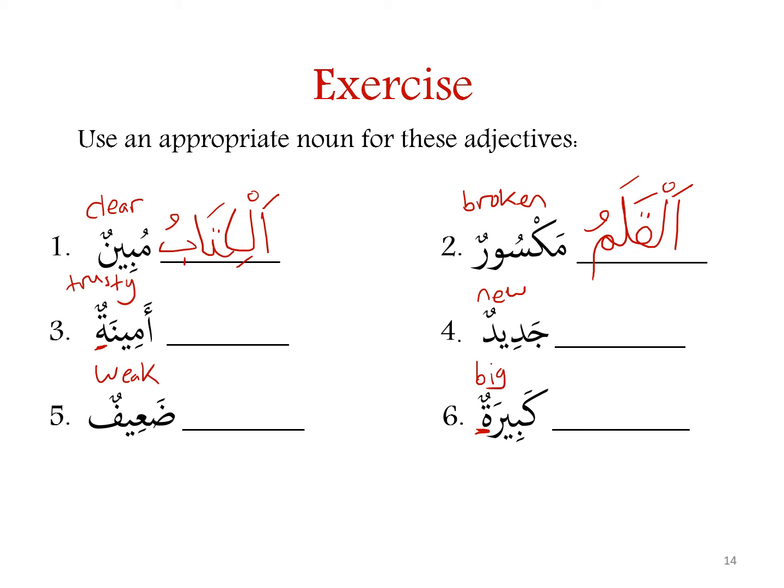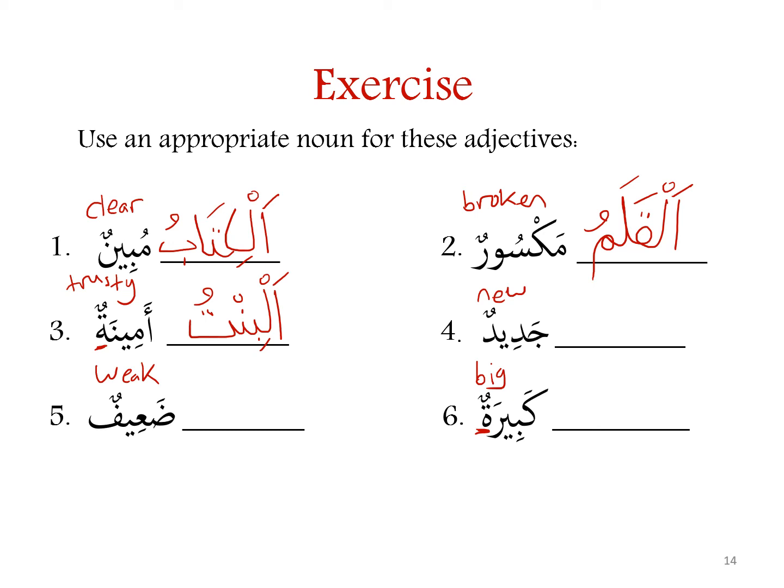So I can say, for example, the girl is trustworthy. Then I would put al-bintu. Al-bintu aminatun. Now, even though this doesn't match with the ta marbuta for here, we know that al-bintu is a feminine word.